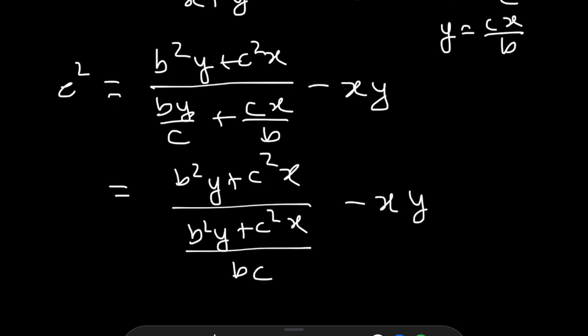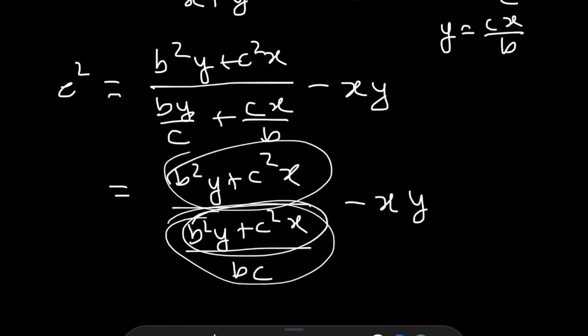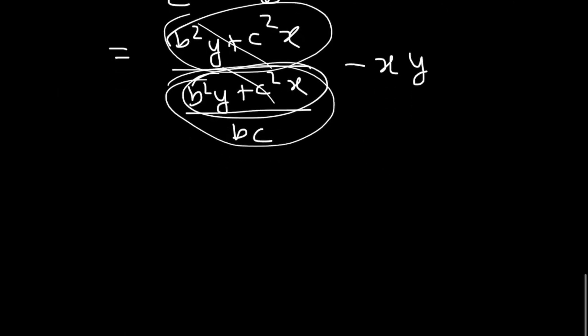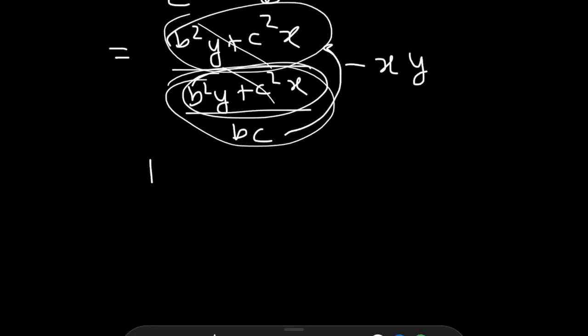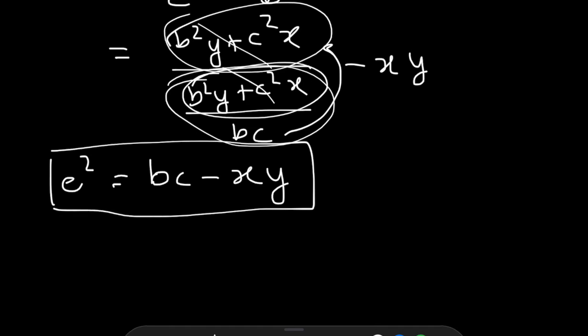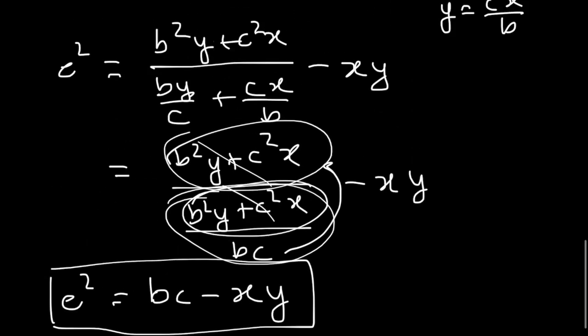And if you notice that when we multiply by the reciprocal of this term down here, in order to divide, bc comes on top, and on the bottom remains b squared y plus c squared x. And this term over here is exactly identical to this term, so these two cancel out. And what we're left with is bc minus xy. So we have proven that e squared is equal to bc minus xy, which is exactly what we wanted to prove.